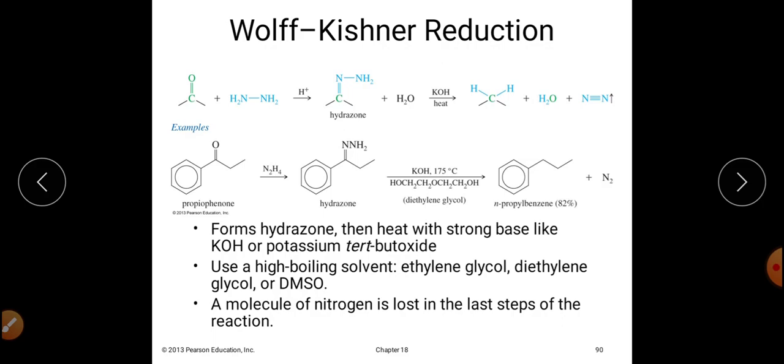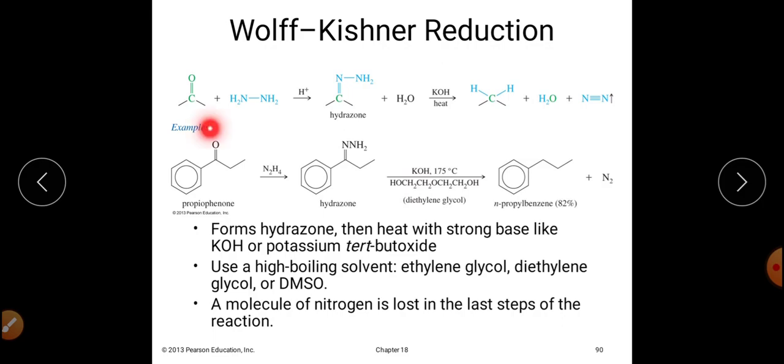If we discuss the mechanism of this reaction, you have studied the reaction of aldehyde or ketone with ammonia and its derivatives. You know that when it reacts with hydrazine, it will get converted into hydrazone. So in the first step, hydrazone will be synthesized, and the mechanism of hydrazone synthesis you have already studied in your previous class. After formation of the hydrazone, that hydrazone will get converted into alkane by using basic medium.